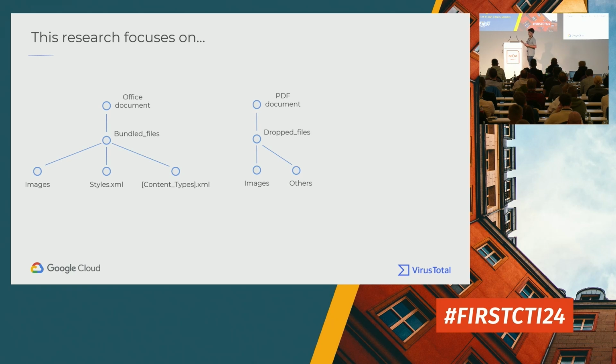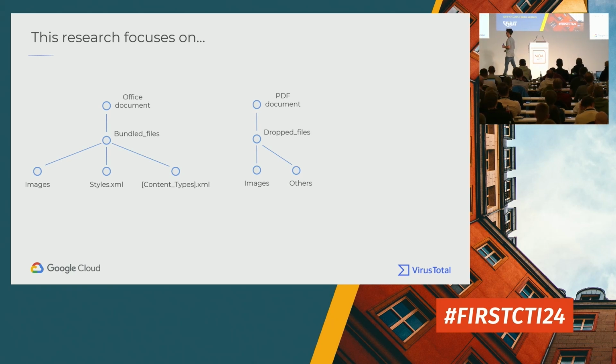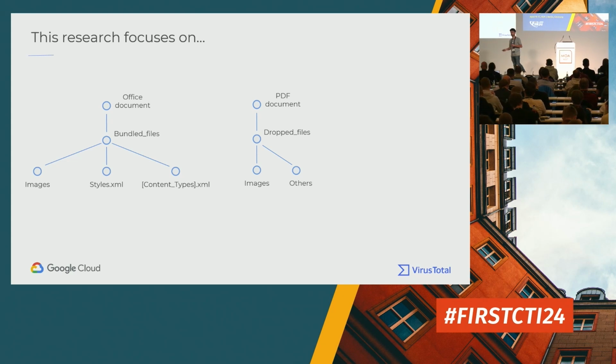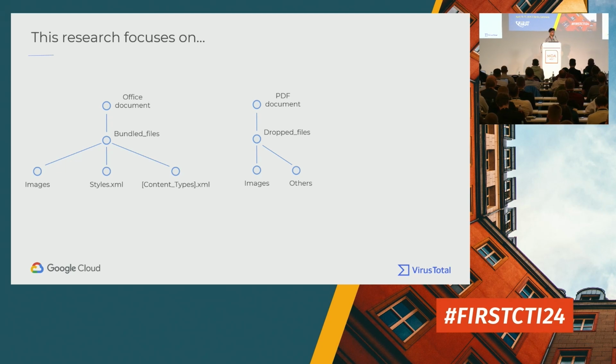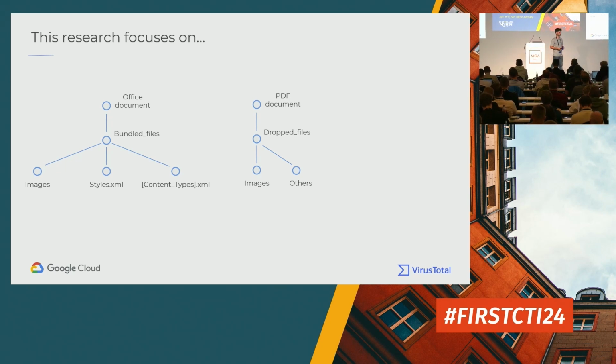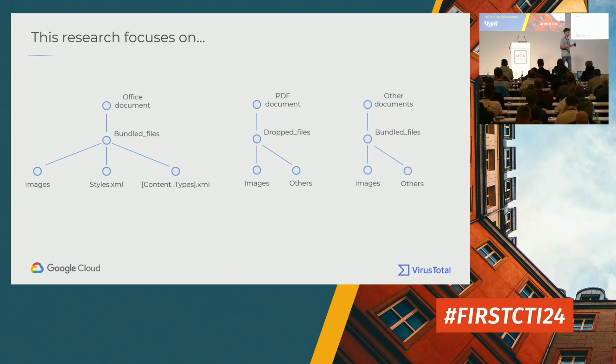We are going to focus also on the PDF documents, but in this case, instead of having bundled files, the PDF documents in VirusTotal contain dropped files, which is different. But there are some artifacts that are also interesting for pivoting or hunting in the future. And finally, we have other documents.